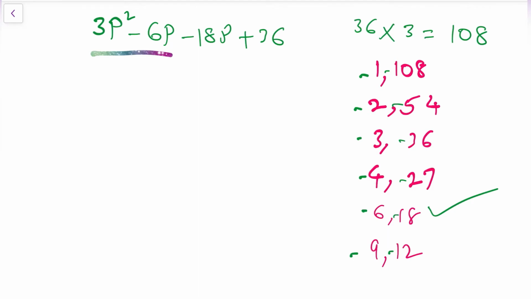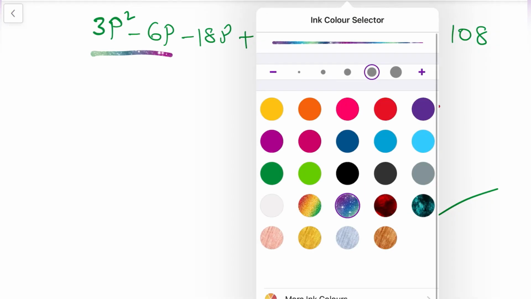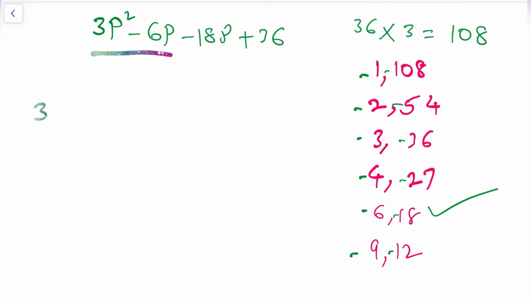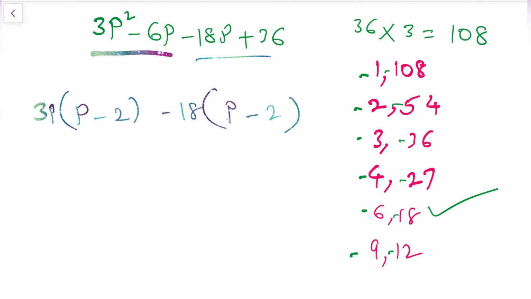So I am taking 3p common, then we remain with p minus 2. Then from third and fourth term also I am taking minus 18 common, then we remain with p minus 2.